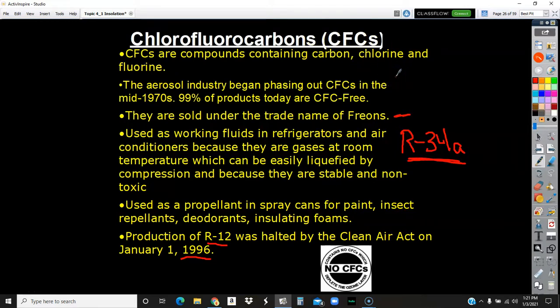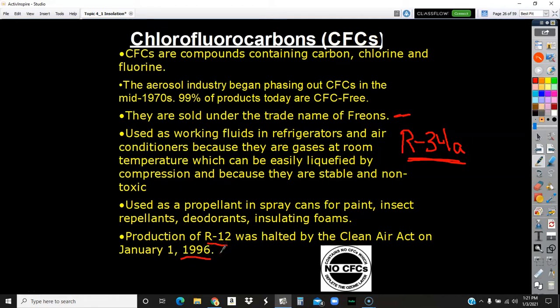A lot of your spray products, like if you have a bathroom spray, or some of you might use spray deodorant, things that have sprays, they used to have these CFCs in them as well. And again, after 1996, Congress passed that Clean Air Act.